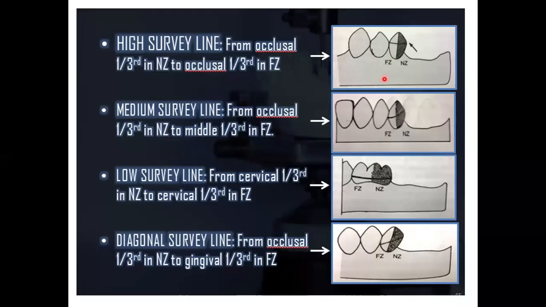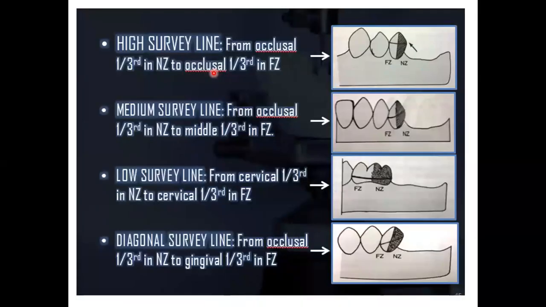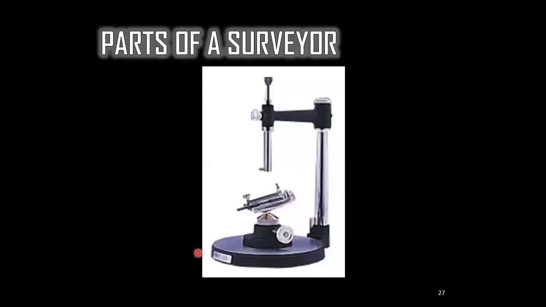But the diagonal survey line is more commonly seen in your canine and premolar region. So you have your high, medium, low and diagonal survey lines. Low survey line is seen in molars, high survey line in anteriors, and your diagonal survey line will be seen on your canines and premolar region.